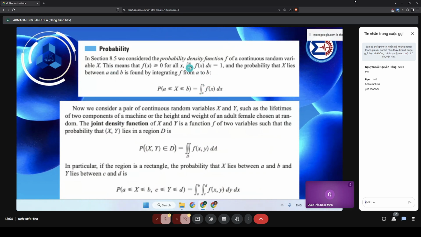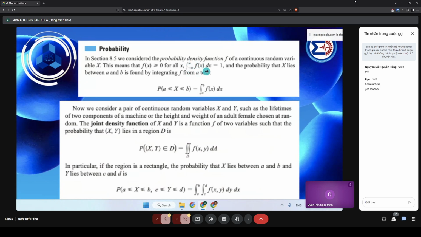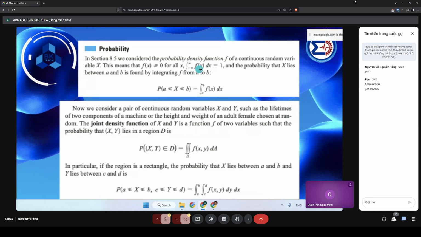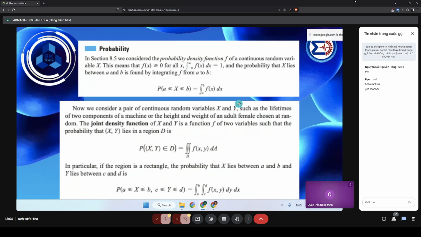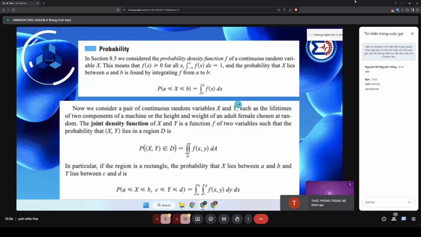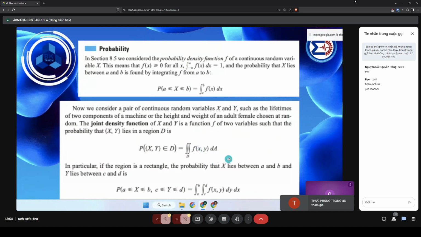Now, there's a property here that if you evaluate the function f of x from negative infinity to positive infinity, the answer is 1 because the maximum for probability, class, is 1.